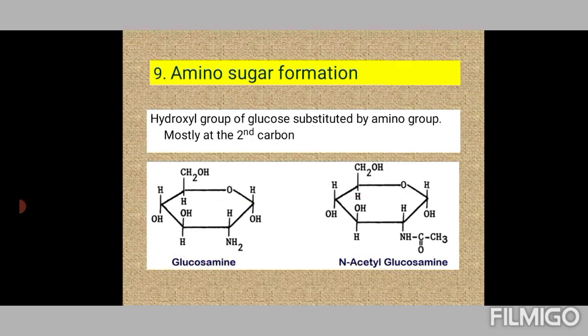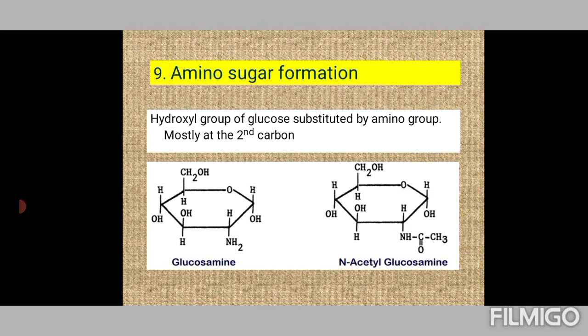And finally, amino sugar formation of monosaccharides. Now, amino sugars are formed from hydroxyl groups of glucose. Here we are again taking the example of glucose. A hydroxyl group of glucose is substituted by an amino group, and mostly this happens on the 2nd carbon of glucose, as shown here.